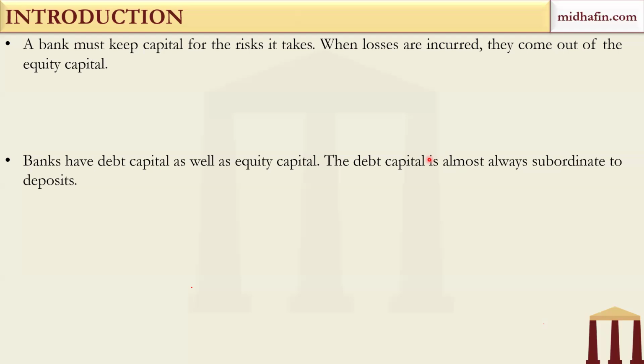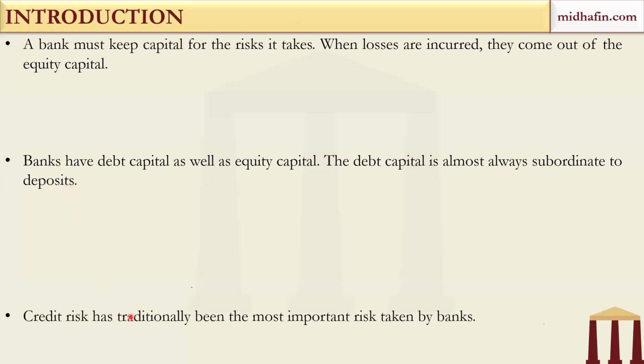These short-term deposits have the highest seniority level. And any debt taken from the debt holders after that, maybe longer-term debt, will also be subordinate to these short-term or highly liquid deposits that the bank is taking.